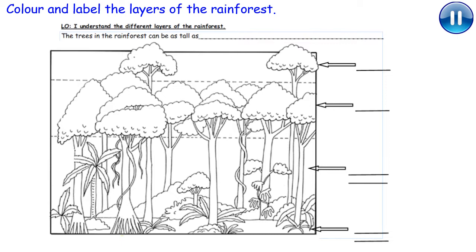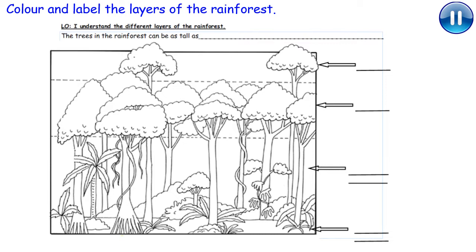Right, so the first thing I want you guys to do today is to grab yourself a sheet of paper and your pencil out of your work packs, and I would like you to have a go at drawing a rainforest so that we can clearly see the different layers. So I want you to label it as well, just like in this diagram.